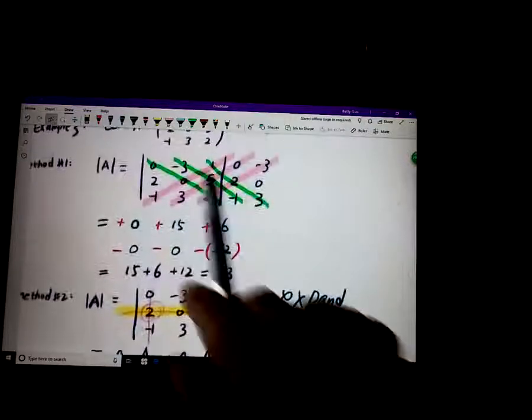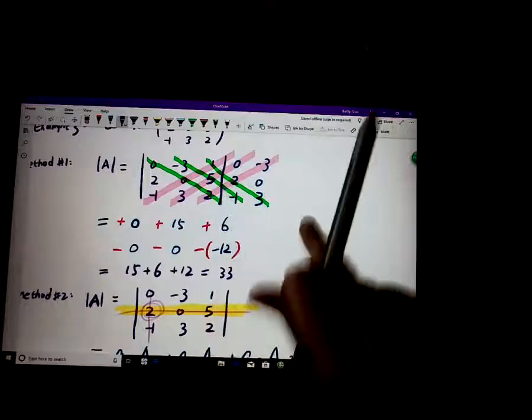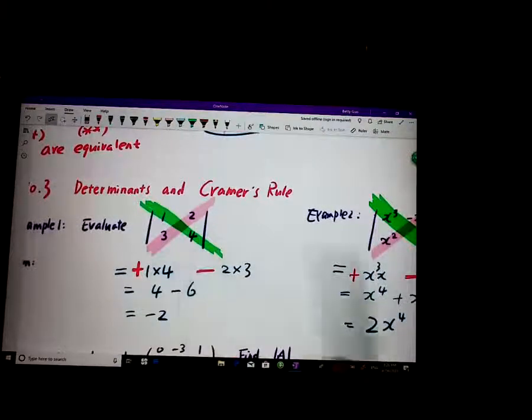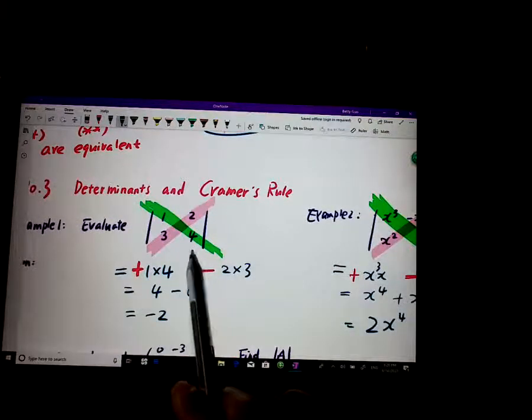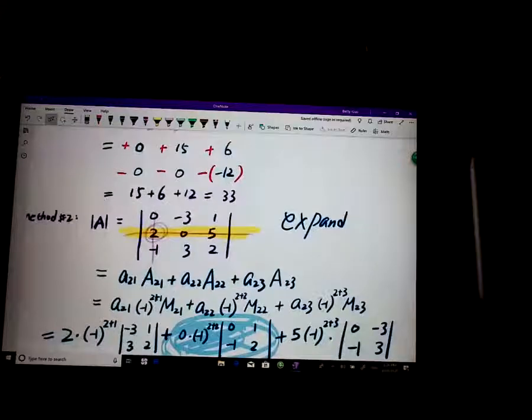Because the first method only applies to the 3 by 3 determinant, and this method only applies to 1 by 1 and 2 by 2 determinants. Okay, so we're going to continue in the next video. This is the first part of 10.3.